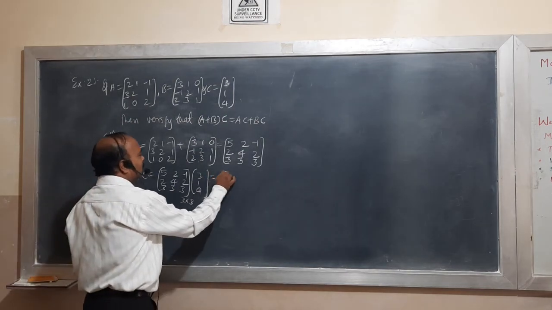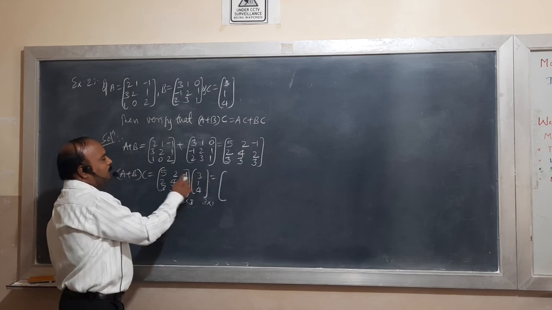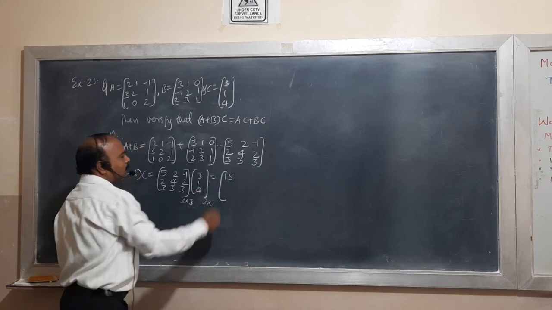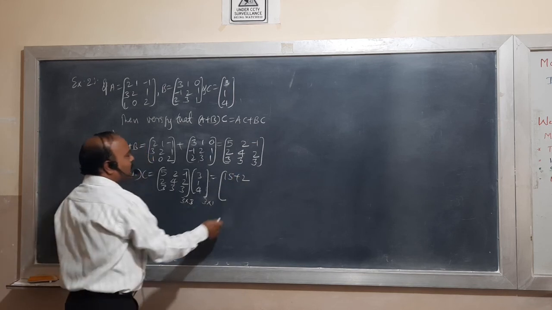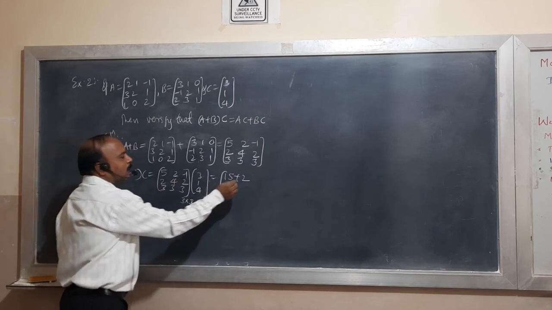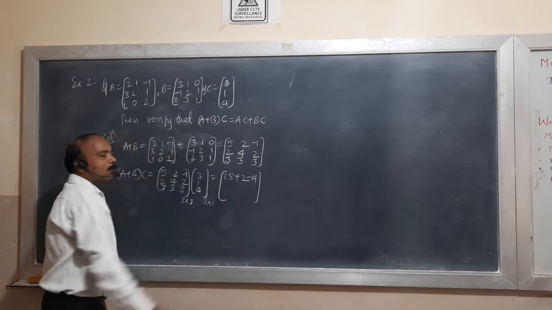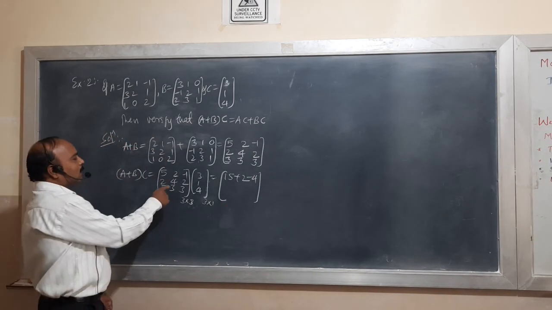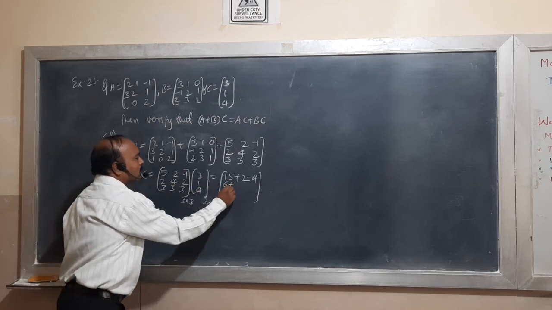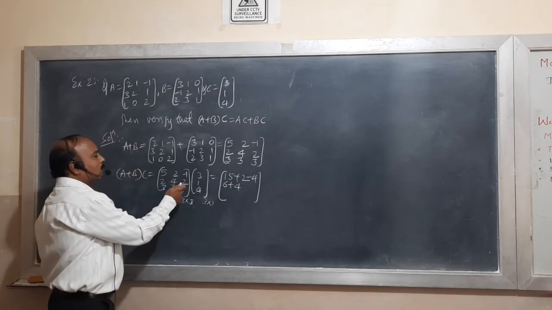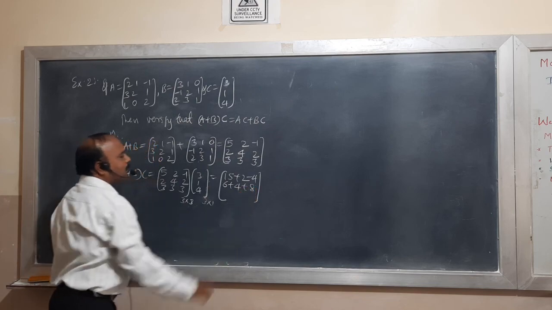Then you simplify this. First row in this column, 5 into 3 is 15, plus 2 into 1 is 2, plus minus 1 into 4 is minus 4. Next second row, 2 into 3 is 6, plus 4 into 1 is 4, plus 2 into 4 is 8.